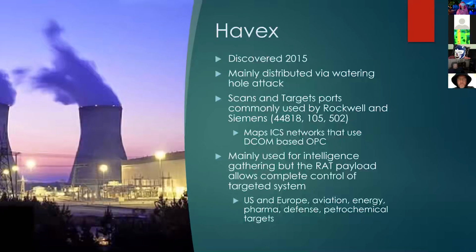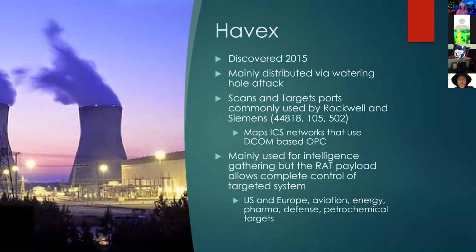The next one is Havex. This was discovered in 2015, and it was distributed from, I believe it was the Rockwell website, where people would go to get updates to their firmware or software, and the website was compromised.